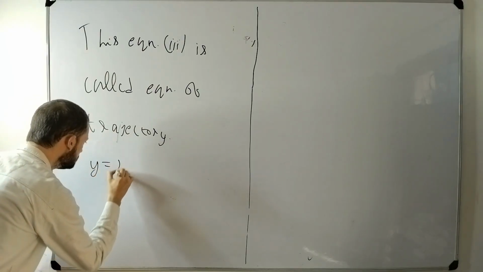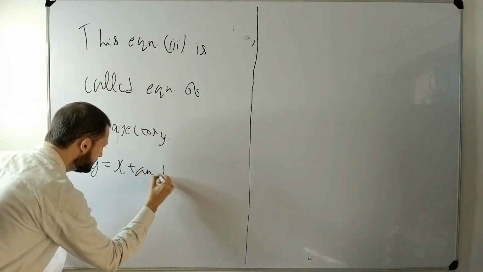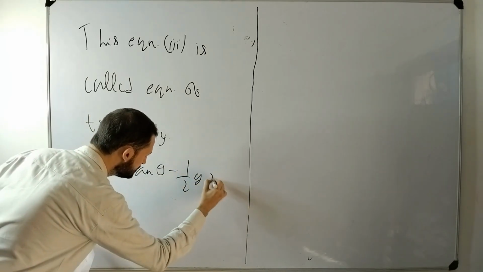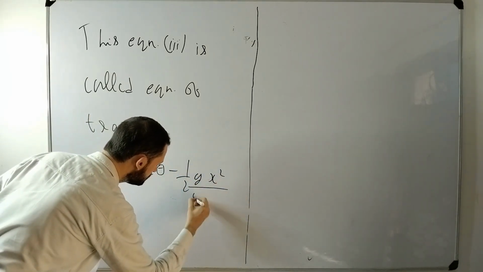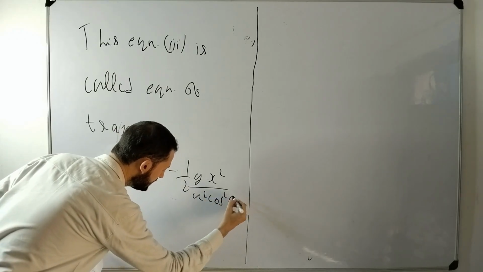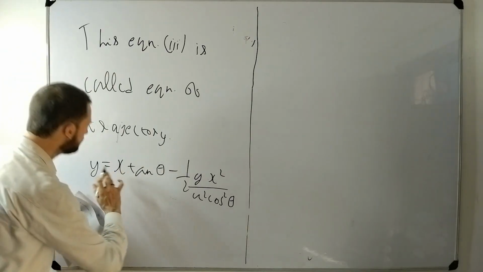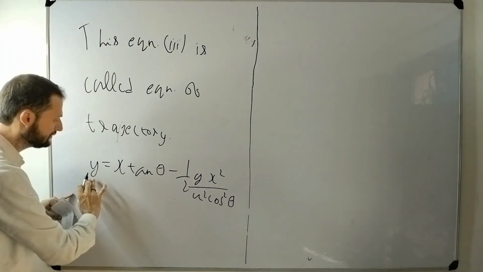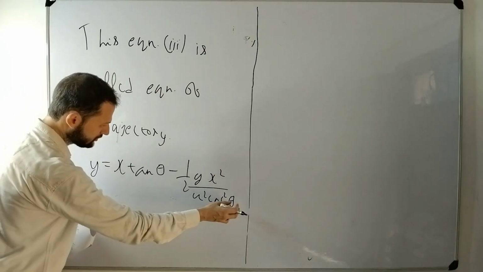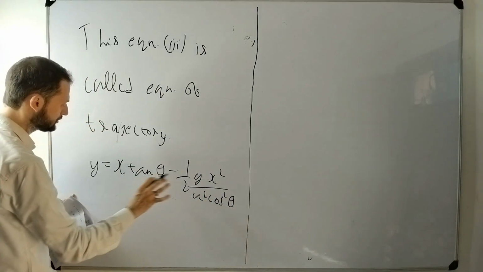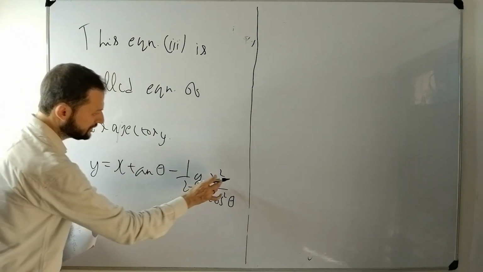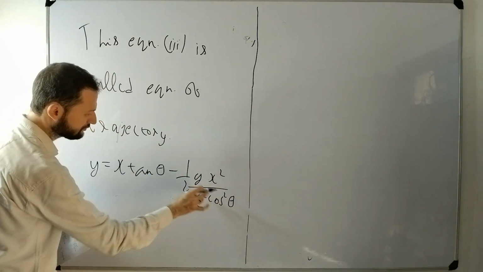y is equal to x tan theta. Now again writing the same equation here, minus half g x square upon u square cos square theta. Right, students? This is y, the vertical distance, x the same thing, and u square cos square theta that I have explained earlier. Now I will write this equation in x tan theta and range form.